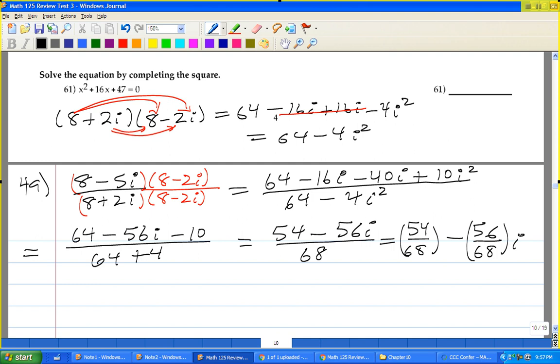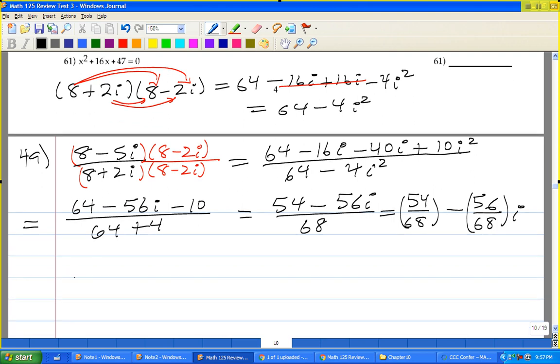Notice that you can reduce that. And so let me divide both numerator and denominator by 2. So I get 27 over 34, minus 28i over 34.